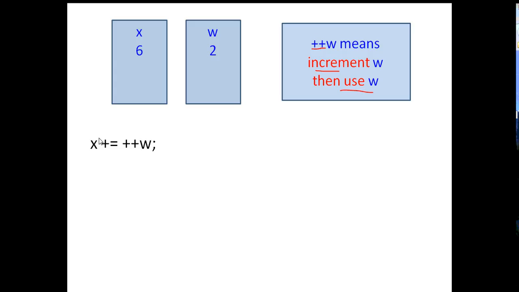So we are going to increment the w first. It becomes 3. So we are going to add x plus 3, not 2, and then we're going to assign it to x, and it becomes 9.